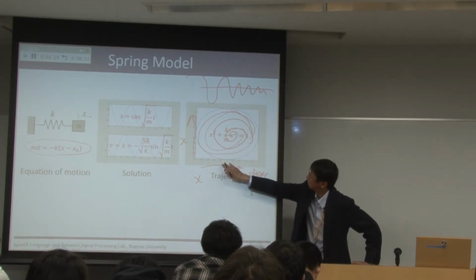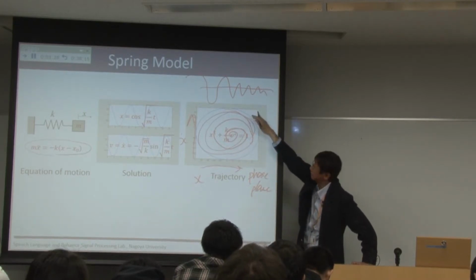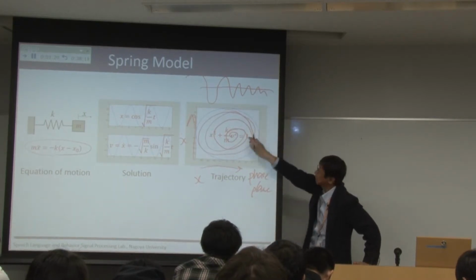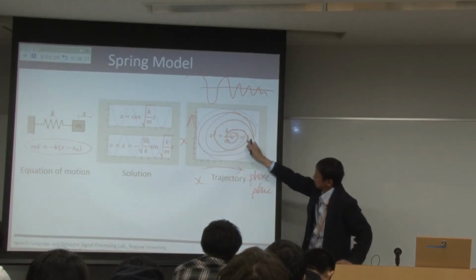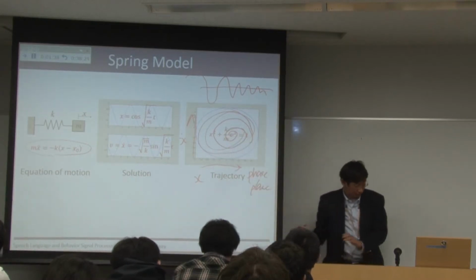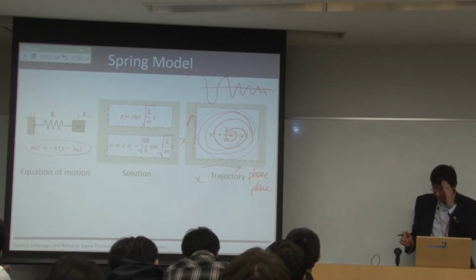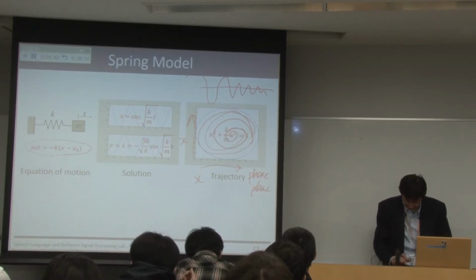If the solution of this system is a sinusoidal or damping sinusoidal signal, the trajectory on this plane becomes this kind of shape. This is a very interesting way of analyzing moving systems.